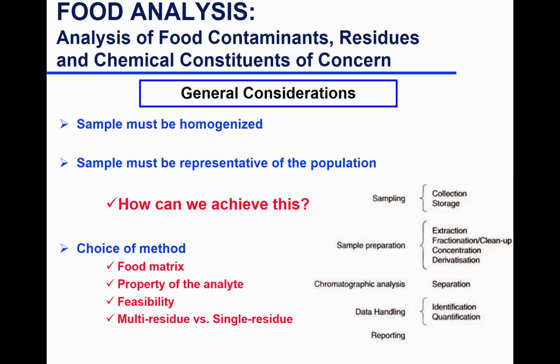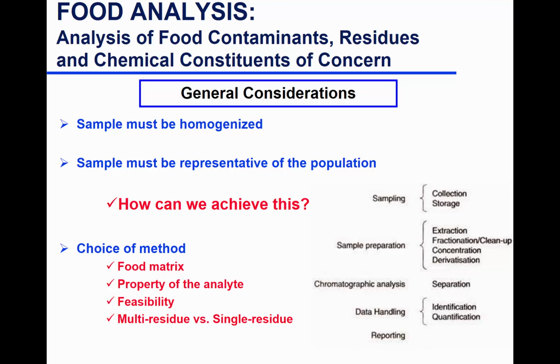General consideration. Like with anything, your sample needs to be homogeneous, and the sample needs to be representative of the population. And this is very critical because many of these chemicals or constituents of concern are randomly distributed. That means they are not necessarily located equally across the sample, like mycotoxin, for example.